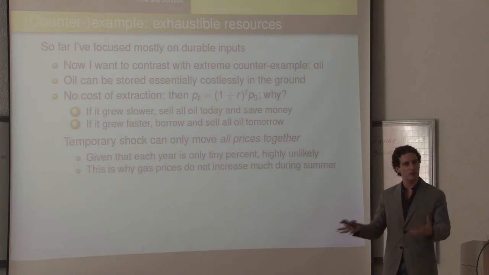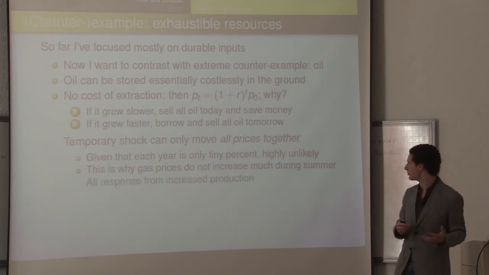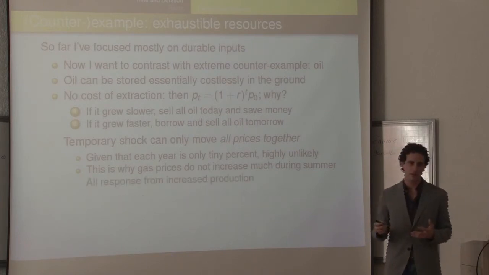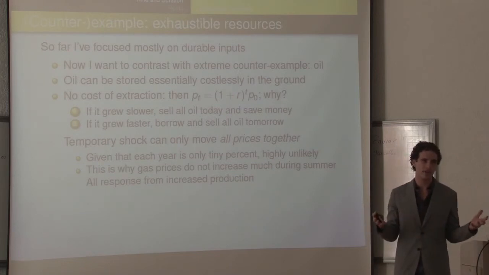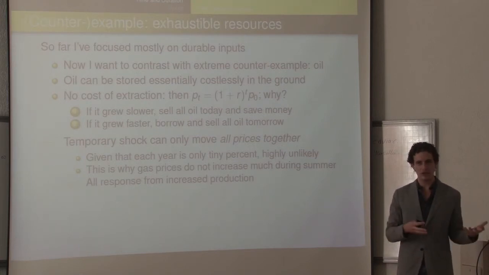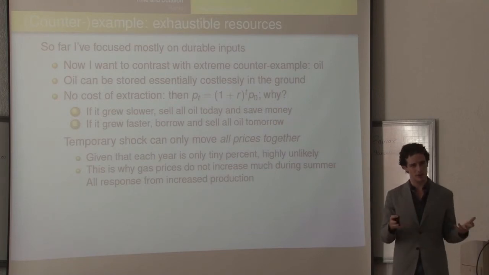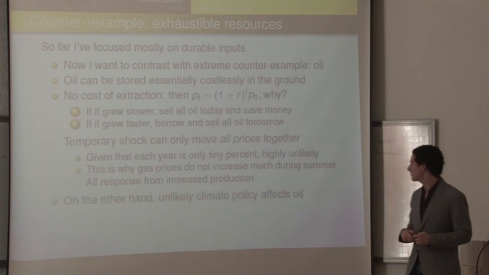It'll just cause the production to change. So during the summer in the United States, when everyone goes on vacation and uses a lot more oil, the price of oil doesn't change. It's only the quantity produced that changes.